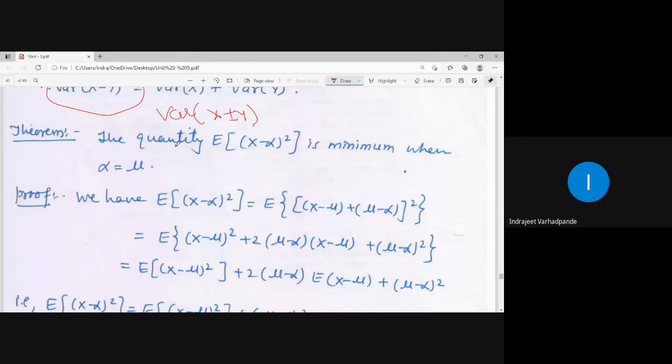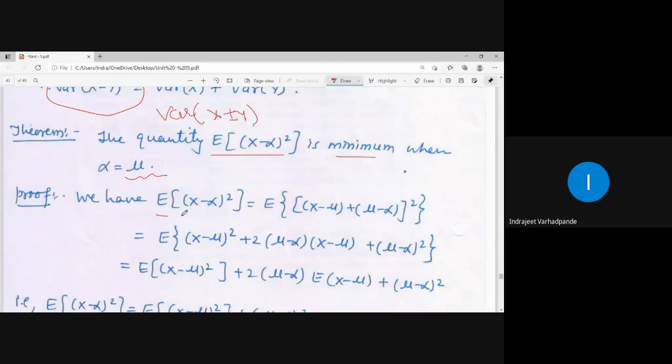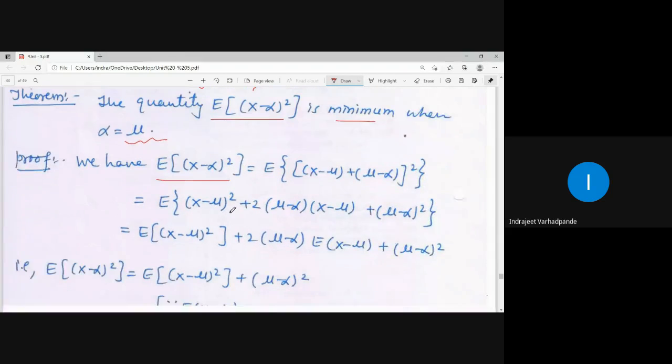This is another theorem. The quantity expectation of x minus alpha whole square is minimum when alpha is equal to mu. Now expand. What is expectation of x minus alpha whole square? It is expectation of, here what they have done is, instead of taking the expansion of x minus alpha whole square, they have added the term mu and subtracted the term mu, because there is a chance of getting the variance, sigma square, somewhere. So here what I did, plus mu and minus mu.